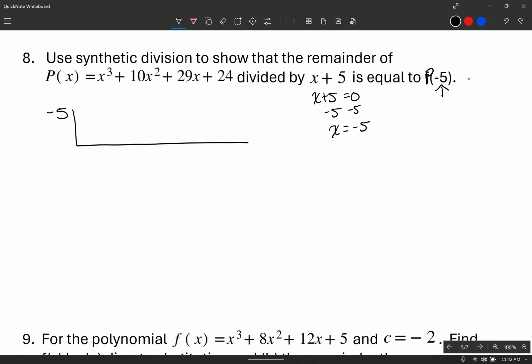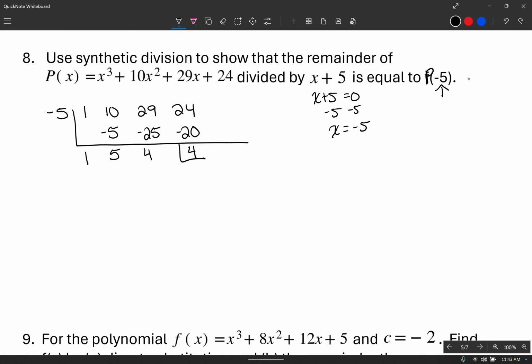And I'm not missing any terms, so I have a 1, 10, 29, 24. I'm going to drop the 1. 1 times negative 5 is negative 5, plus 10 is 5, times negative 5 is negative 25, plus 29 is 4, times negative 5 is negative 20, which gives me a remainder of 4.